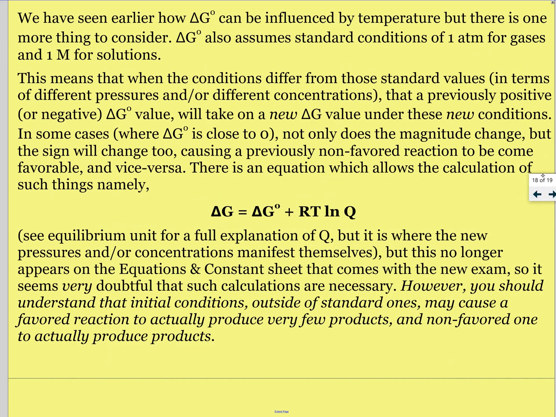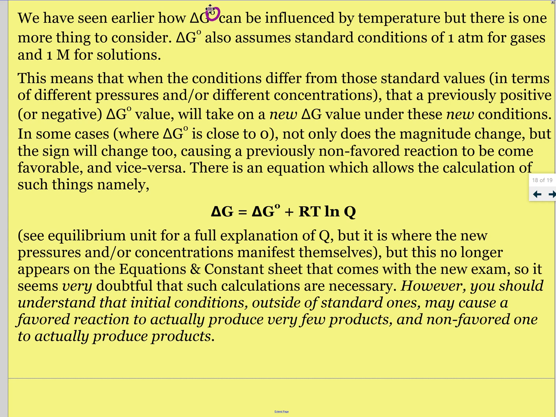And then all the delta G's we've talked about so far are for when it's at 25 degrees Celsius and 1 atmosphere. And a lot of times life isn't in that case. We don't have 1 atmosphere, or we're not anywhere close to 25 degrees Celsius. If we're close, then it's really not going to affect the delta G a whole lot.